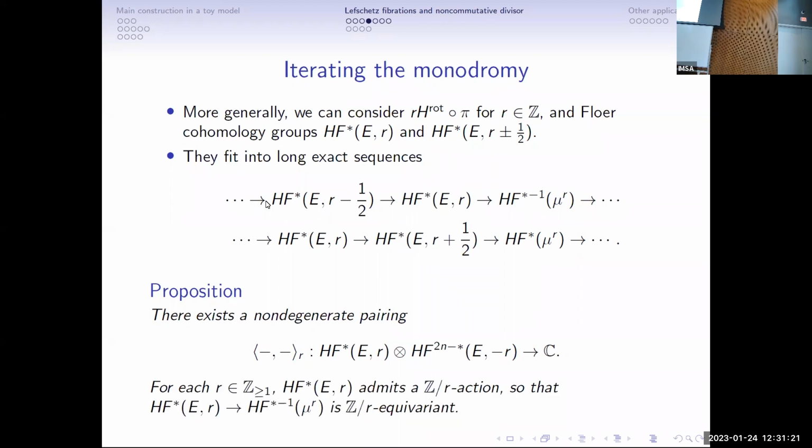And if we consider this Z mod R action, as we've seen before, the second part of the statement says that there is also a Z mod R action defined on the Floer homology. And if we go back to the long exact sequence, as written down there, this map from HFER to the fixed point homology of mu R is actually Z mod R equivariant. So this is the closed string counterpart of the construction for these Lefschetz fibrations.